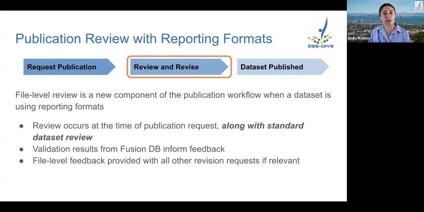This review occurs at the time of publication request, along with standard data set review. The validation results from the Fusion database that we saw earlier are directly informing this feedback, and the file level feedback is provided along with all other revision requests if they're relevant.